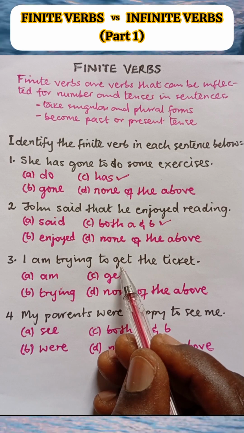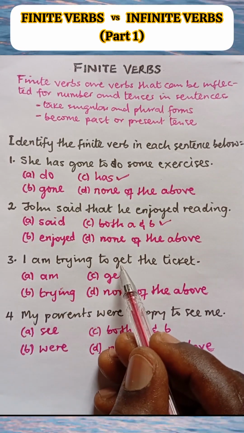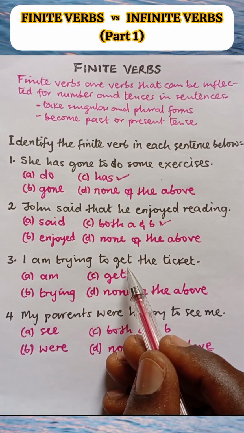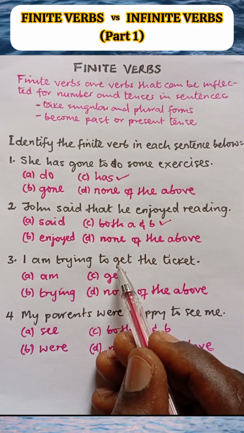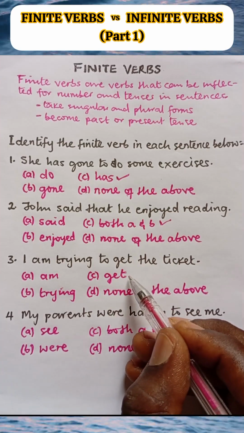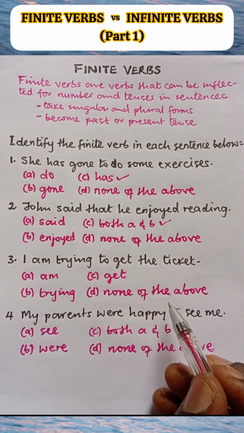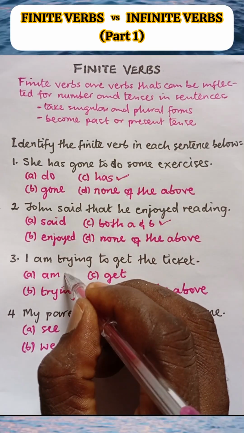You cannot also use this verb in the past tense. You can't say, I am trying to got. No. Therefore, the verb get in this very sentence is not a finite verb. So, option C is wrong. Option D says none of the above, but we have established that am is a finite verb. Therefore, the correct option is option A.